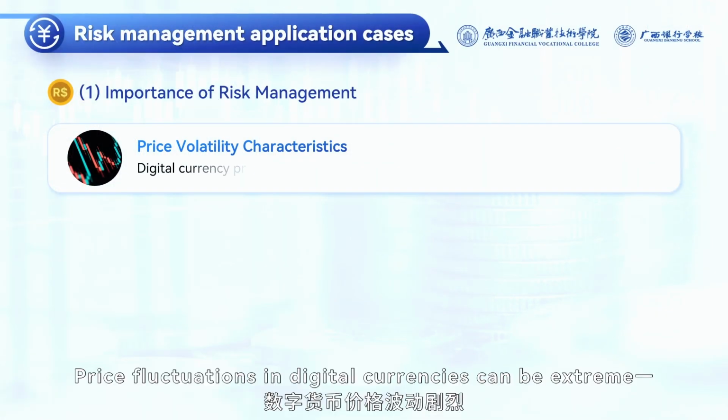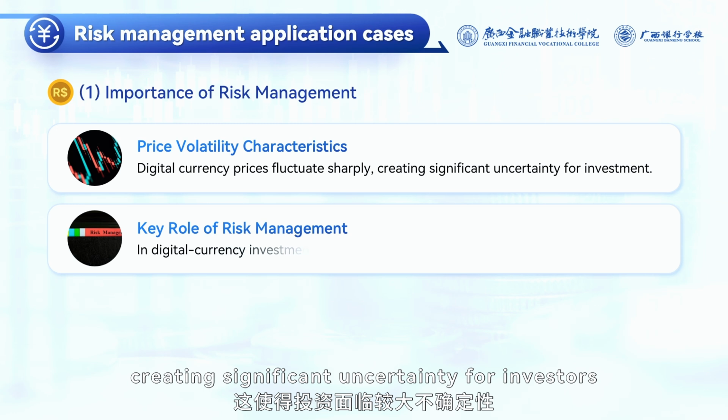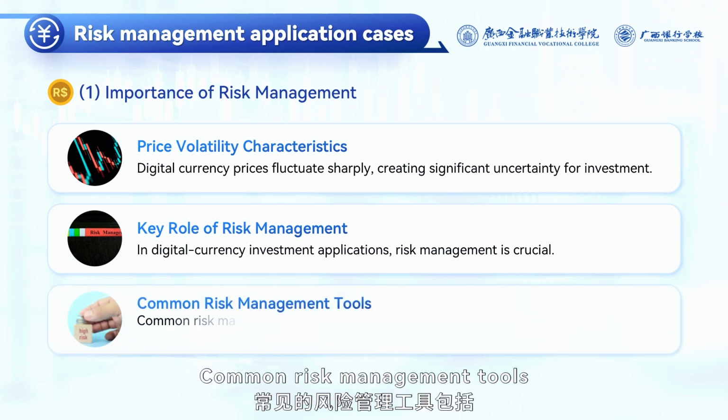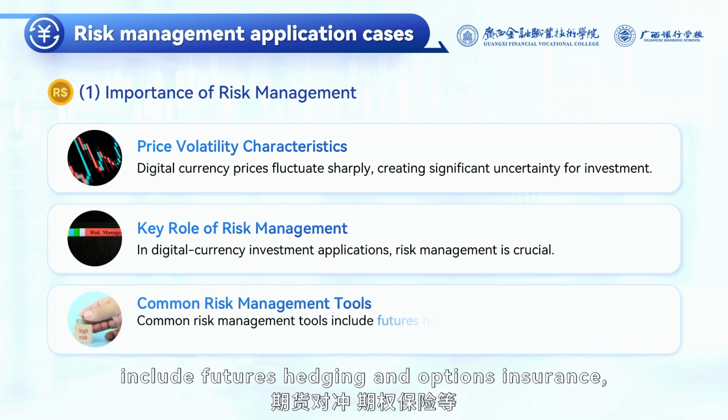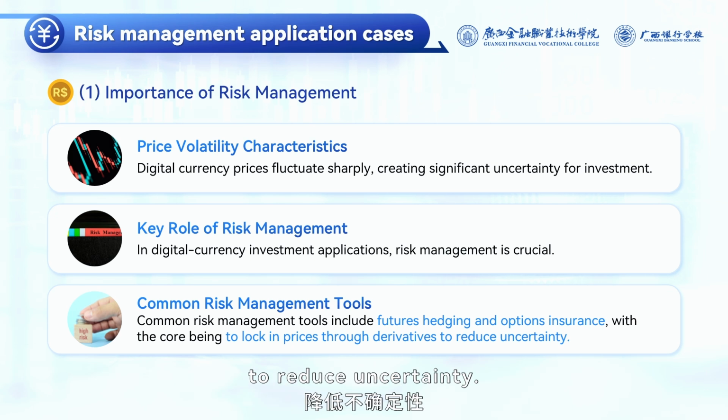Price fluctuations in digital currencies can be extreme, with single-day swings of over 10% being fairly common, creating significant uncertainty for investors and making effective risk management essential. Common risk management tools include futures, hedging, and options insurance, with the core being to lock in prices through derivatives to reduce uncertainty.